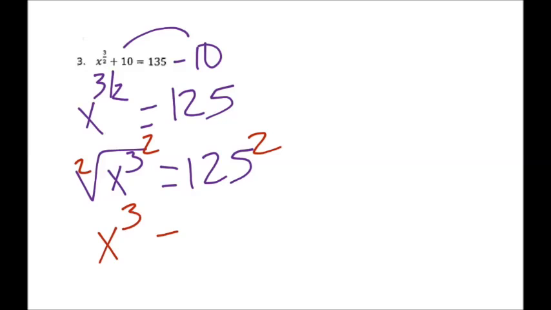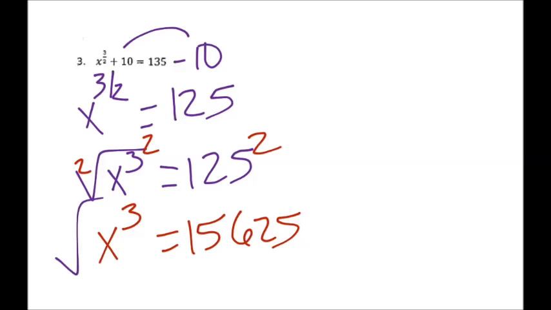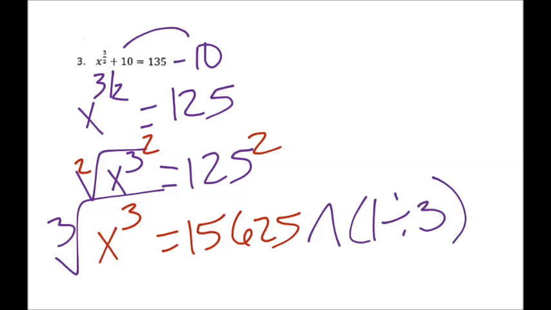X to the 3rd is equal to 125 squared, which is 15,625. Then you've got to uncube it. So that would be the cube root of it, which is rooftop 1 divided by 3. And x equals 25.